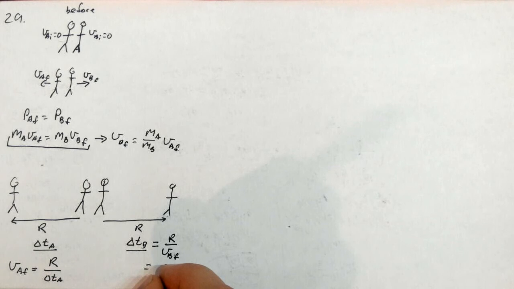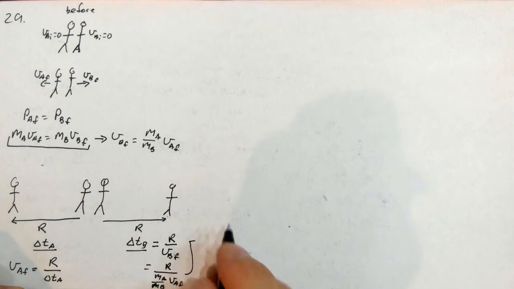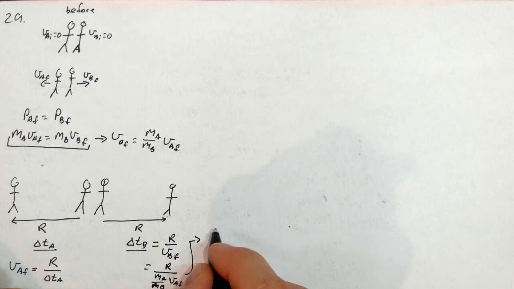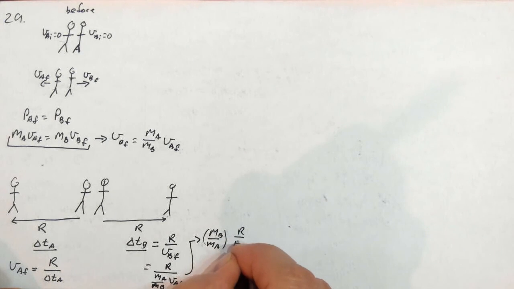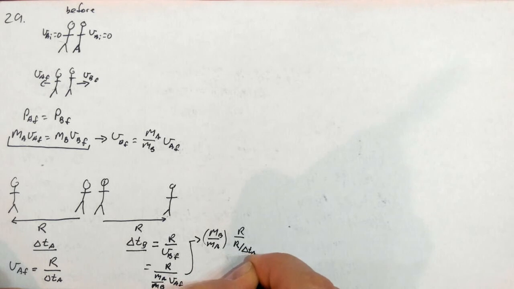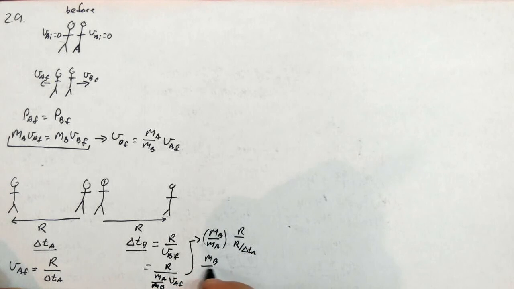We have R over MA over MB VA final, which gives us an MB over MA, because it's reverse that fraction in the denominator, and then we have R over R divided by delta TA, which finally gives us MB over MA times delta TA. Those are canceled, delta T comes to the top.